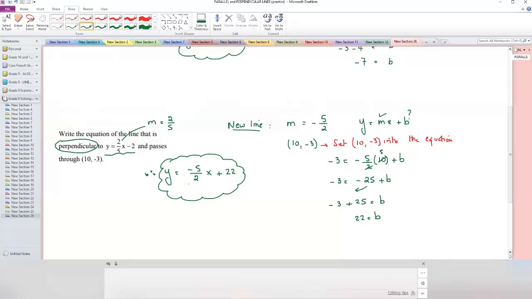Why is it perpendicular? From the slope: it's the reciprocal and the opposite sign, and it passes through the point (10, -3). I hope you understood how we can find the equation of a new line that is parallel or perpendicular to any original equation and passes through one point. Thank you for listening.